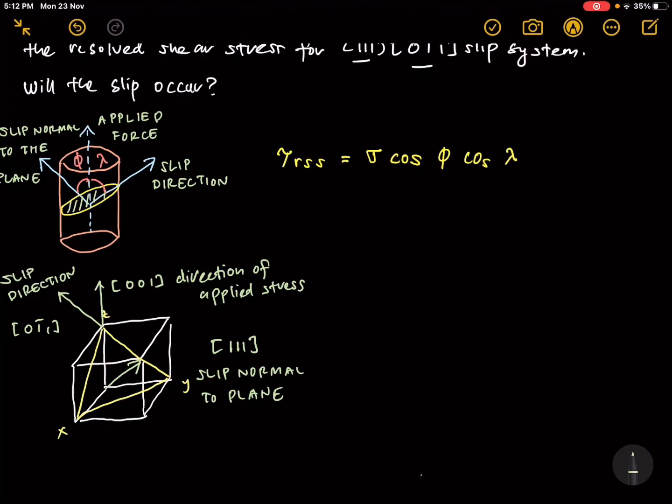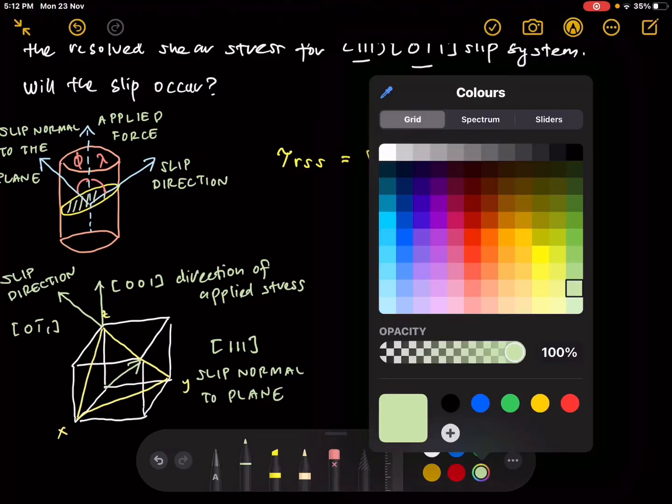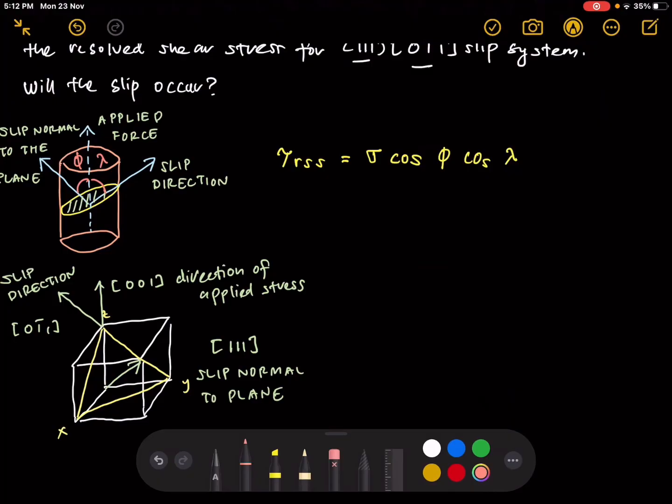Like I mentioned before, the angle between the [001] direction of applied stress and the slip normal to the plane at the [111] direction is phi, and the angle between the slip direction and the direction of stress is lambda.